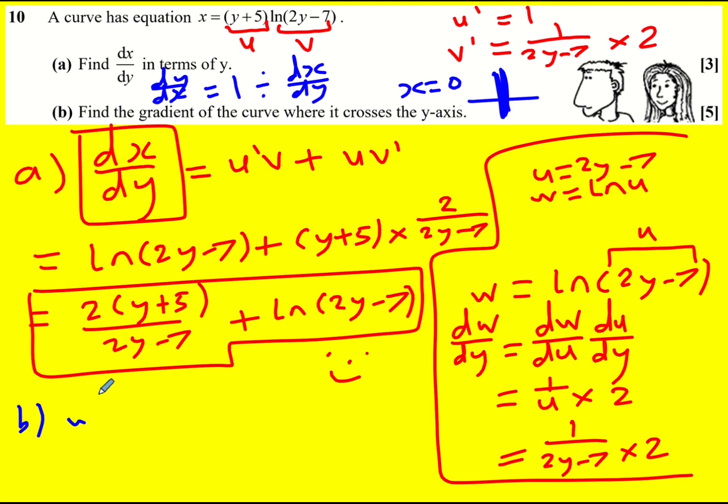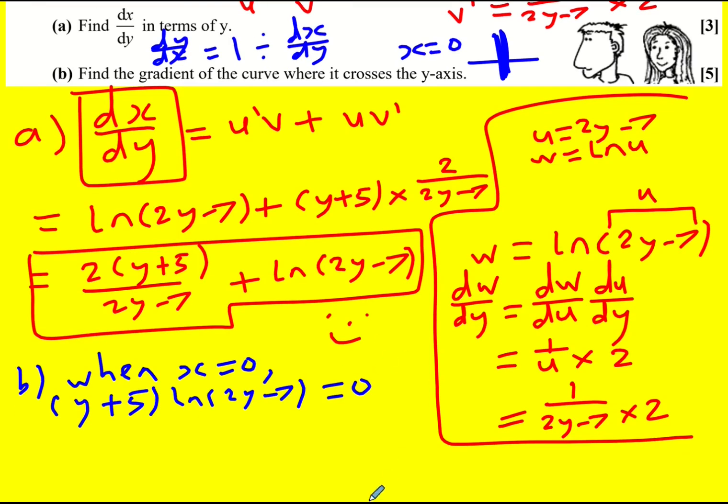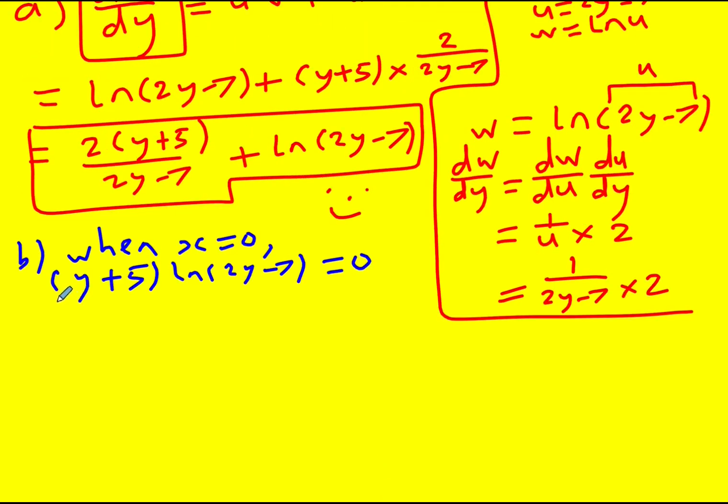Okay. So when x is equal to 0, we're going to first of all have to set our equation, y plus 5 times ln 2y minus 7, equal to 0. And this will give potentially two solutions: when this bracket is 0, so y is equal to minus 5, or when this bracket is 0.